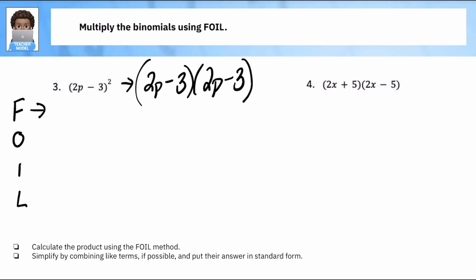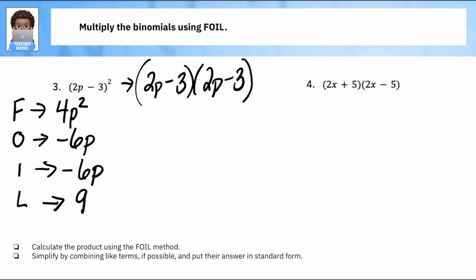All right, our first terms are 2p and 2p, so that is 4p squared. 2p times -3 is -6p. Inside, -3 times 2p is -6p. And our ends, -3 times -3 is +9. So 4p squared minus 6p minus 6p plus 9.